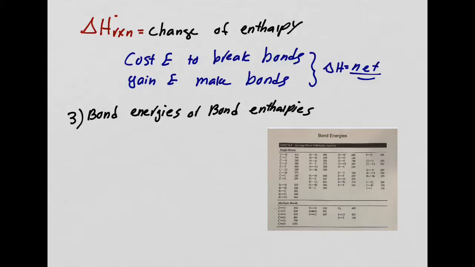Now, if you look at this chart, I want you to look at a couple of interesting things. Double bond, triple bond versus a single bond. No surprises there, right? The triple bond is stronger than a double bond, so you're going to need more energy to break it.